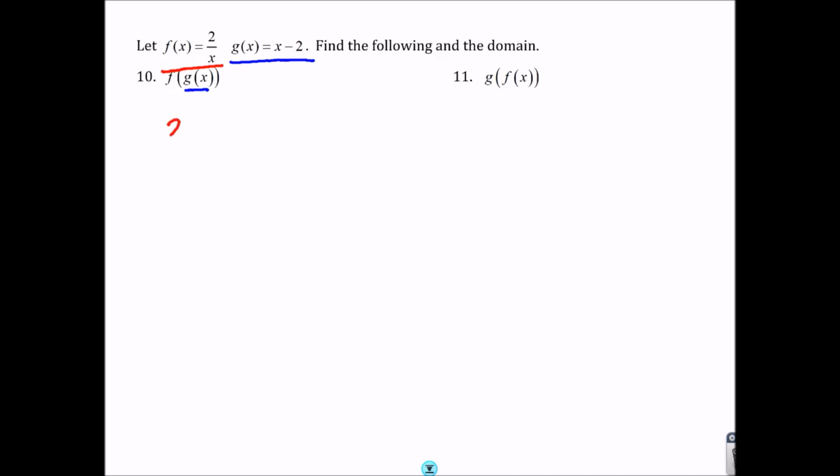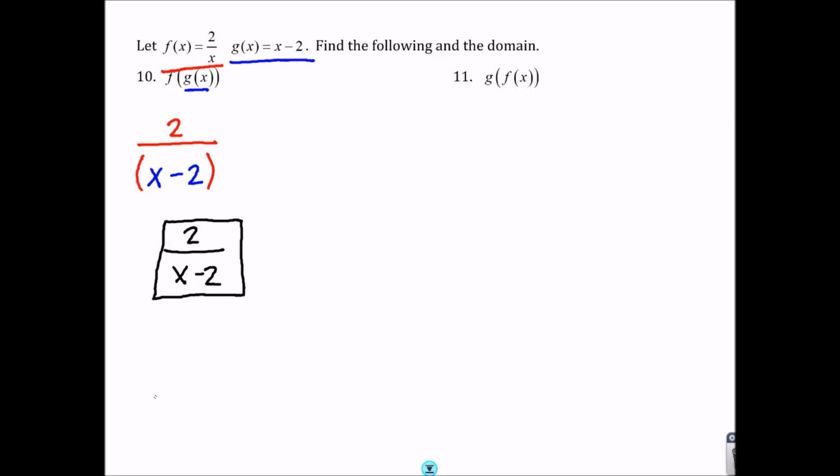So I'm going to start with f of x, and I'm going to put parentheses where the x is, and then I'm going to plug g of x into x. So I end up with 2 over x minus 2 as my answer. You cannot simplify it.